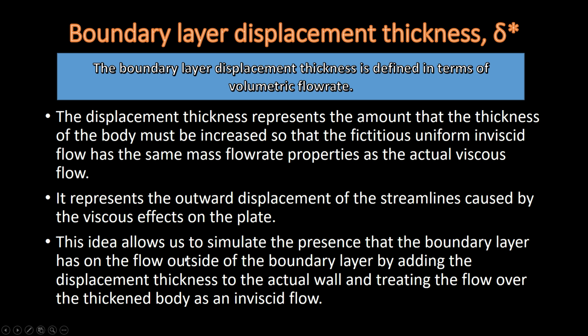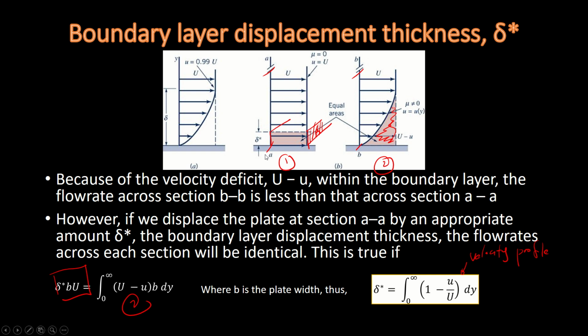This idea allows us to simulate the presence that the boundary layer has on the flow outside of the boundary layer by adding the displacement thickness to the actual wall and treating the flow over the thickened body as inviscid flow. So by defining the boundary layer displacement thickness, we can increase this plate by this amount so that it will be equal to the flow for the viscous region.